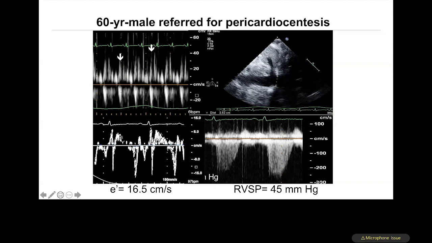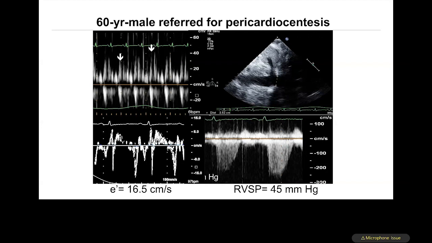In a patient who has an elevated filling pressure, who is in heart failure, this exaggerated mitral annular velocity, and look at the right ventricular systolic pressure, measured as 45 millimeters mercury. This is extremely concerning for diagnosing a constrictive physiology. This is a patient on the table who has constrictive pericarditis.